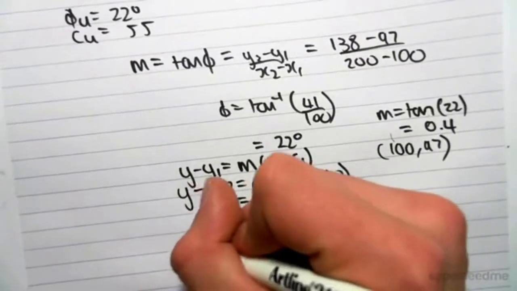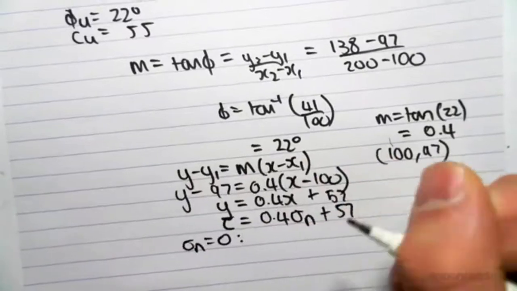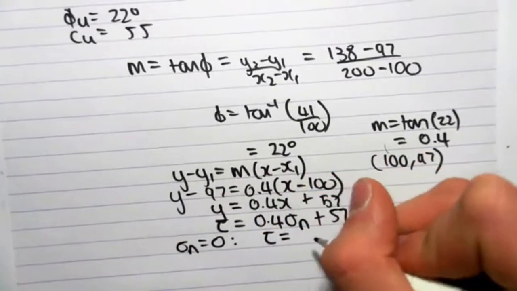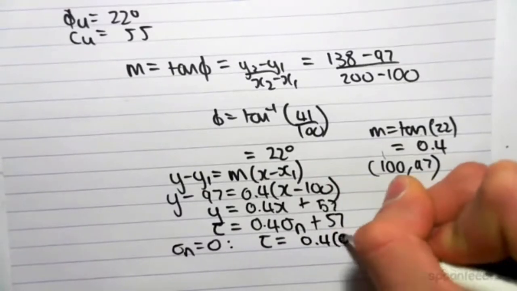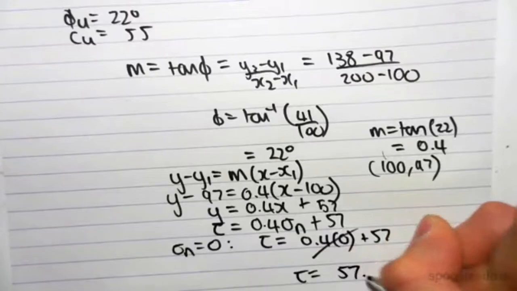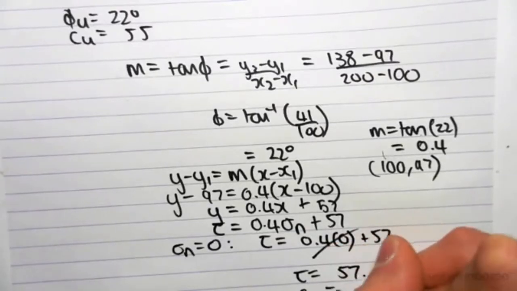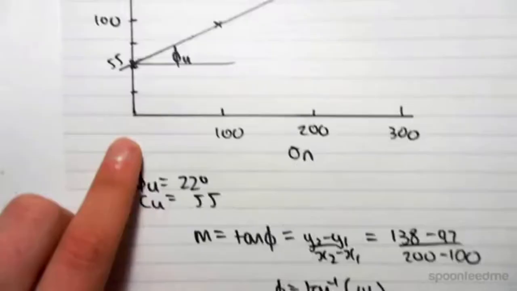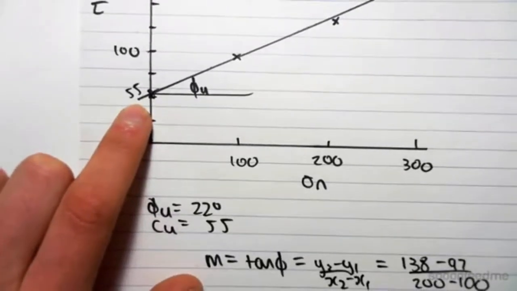So we look at when sigma n equals 0. So tau equals 0.4 outside of 0 plus 57, so tau equals 57, which means that Cu equals 57 because we know Cu is the intercept. So we can see that's 57, which is pretty similar to 55.